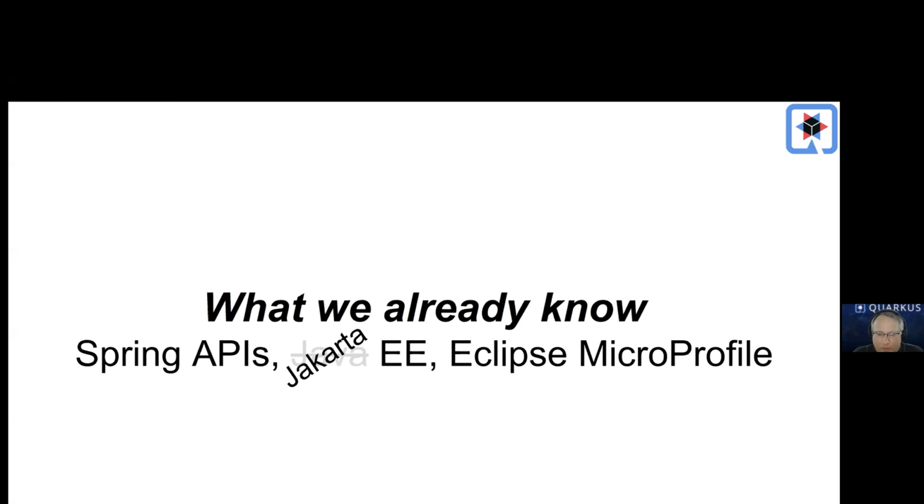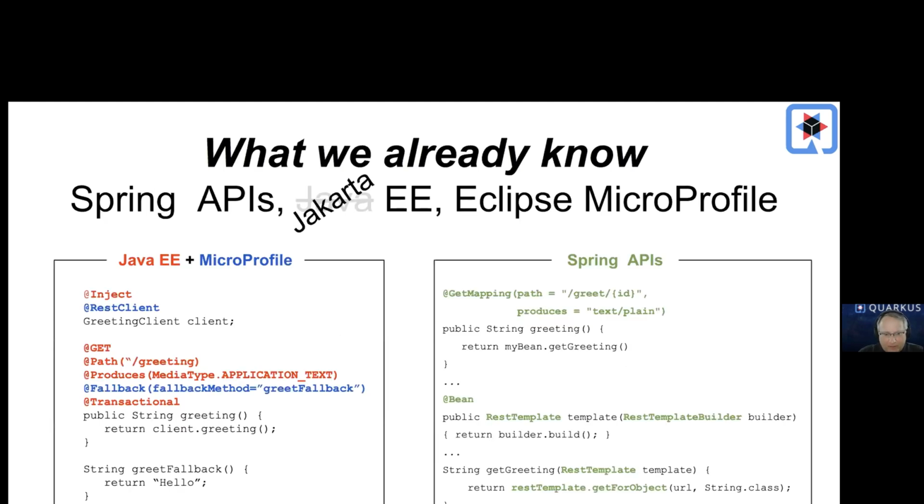Eclipse MicroProfile, maybe you know Vert.x, right? Maybe you know some of those other frameworks I've mentioned. These are things that we already know, and when we develop applications, we want to adopt new runtimes. We want to bring forward the APIs and skills that we already know and have built up.